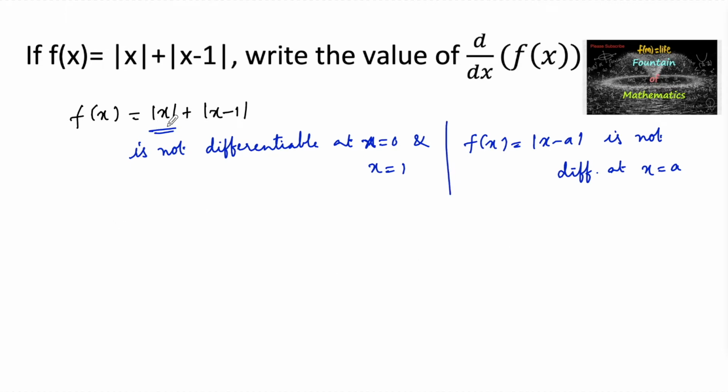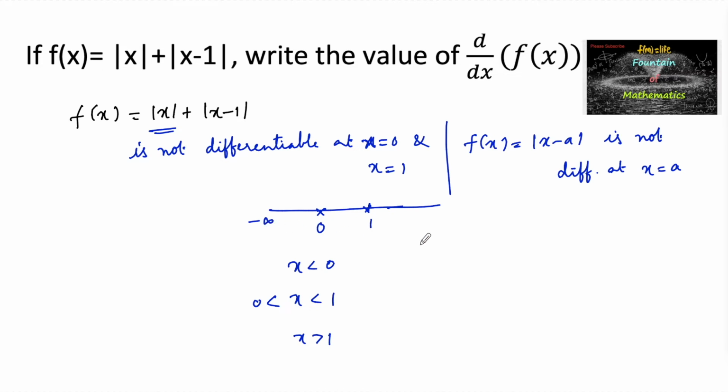So let us divide into 3 intervals. The critical points 0 and 1 divide the entire real numbers into 3 parts: x less than 0, x lying between 0 and 1, and x greater than 1.